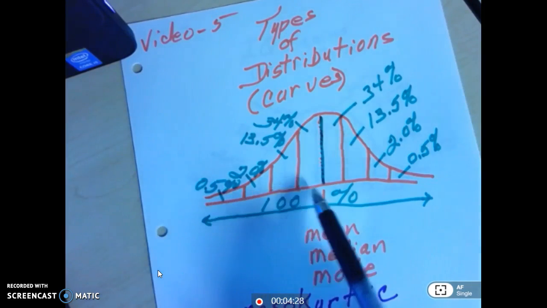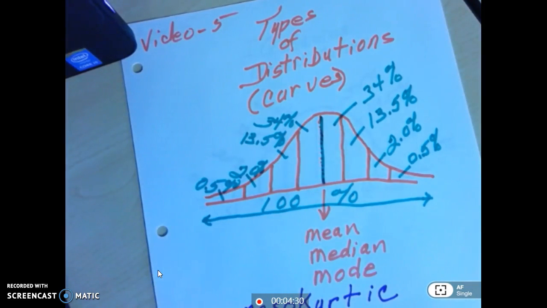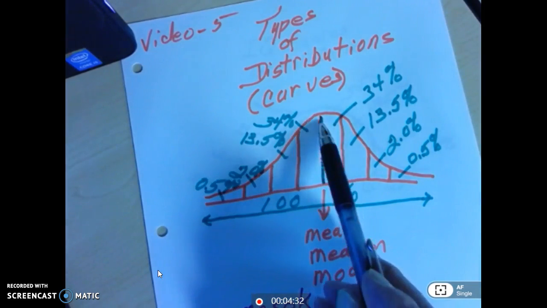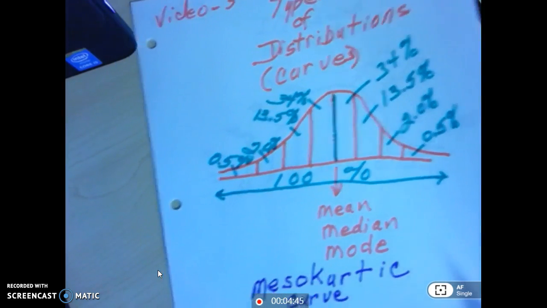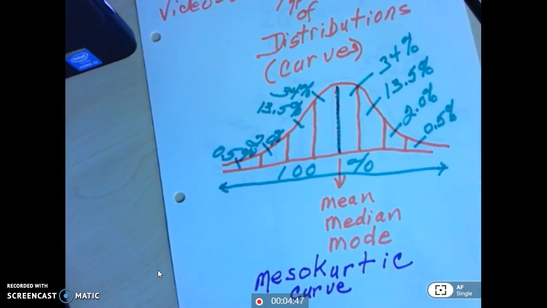When we get out here, we get to 95%. Right in the center of a normal curve is the mean, median, and mode. This is important to remember because this doesn't always happen with some of the curves that we're going to be talking about.